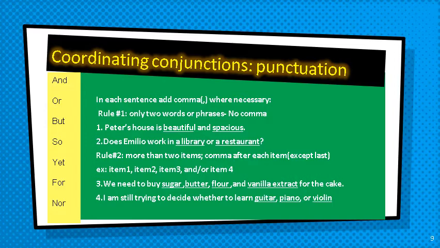Here, we have added a comma after sugar, butter, and flour, but we haven't added any comma before vanilla, since before vanilla, the conjunction and has come. Secondly, I'm still trying to decide whether to learn guitar, piano, or violin. Similarly, here, a comma has come after guitar, piano, but no comma after or.